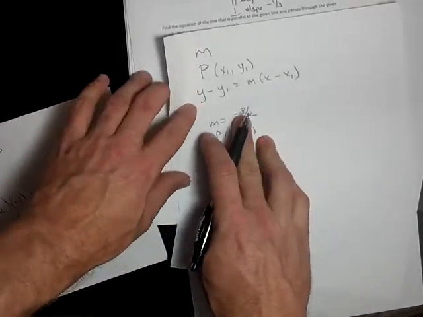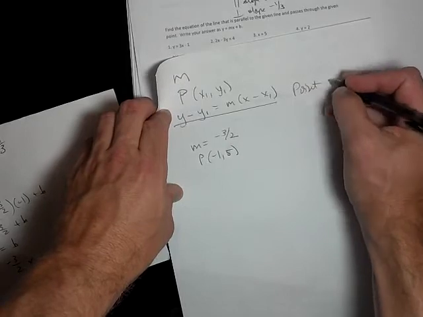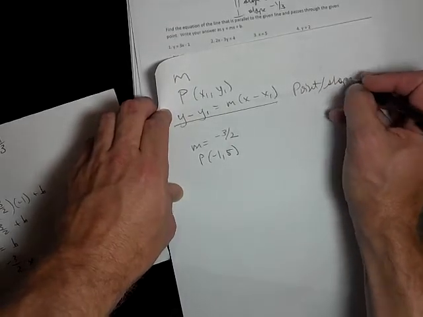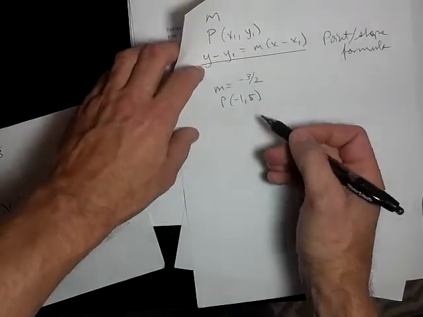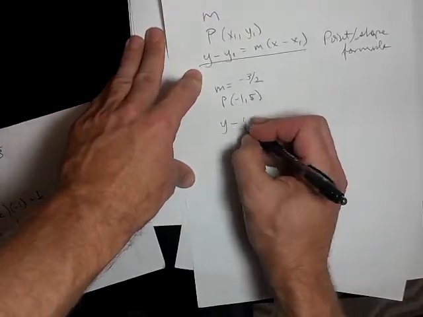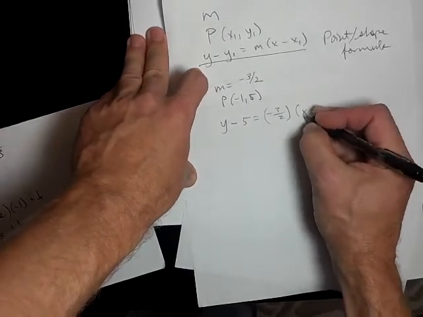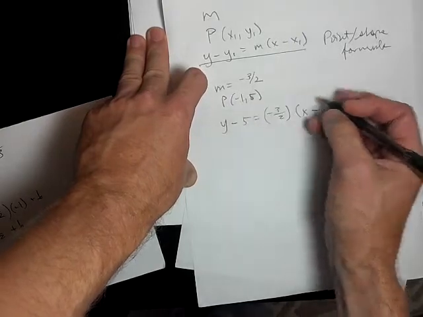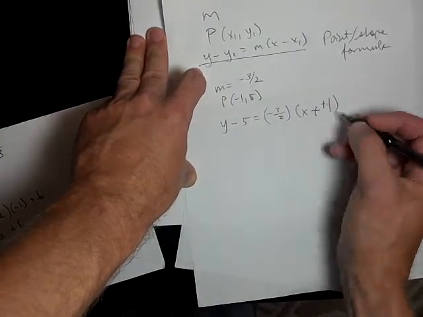So using the point slope formula, what we get is y minus 5 is equal to minus 3/2 times x minus negative 1, which becomes x plus 1.